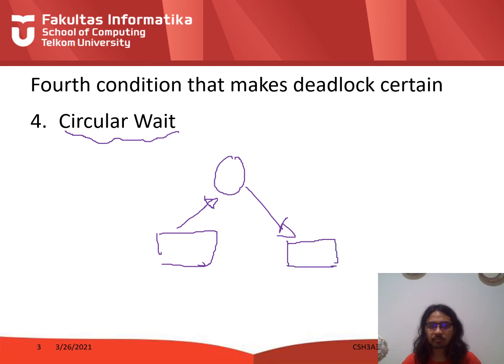This is blocked because the resource requested is held by another process, which is also requesting the resource that is held by process 1. So this is a circular wait.